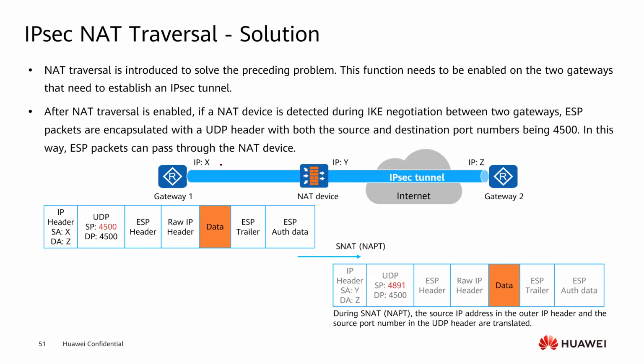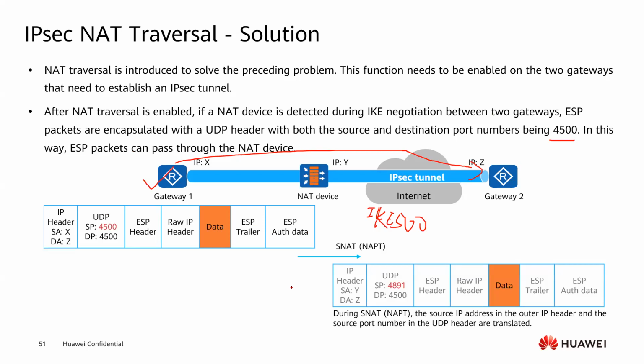The solution is like this. First you need to change the destination UDP port to 4500, because we know the IKE exchange packet by default uses 500, but if I use 4500, the other side will know that, okay, you are behind the NAT devices.